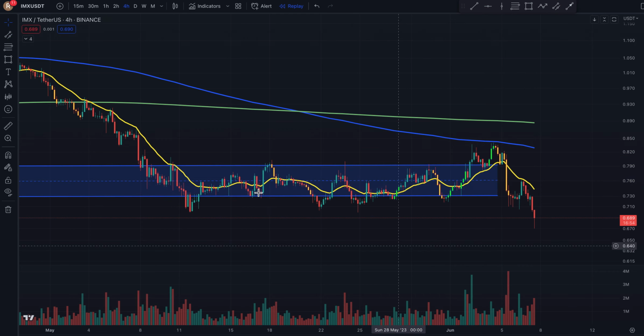So I'll draw something like that, and I'll set buy orders and sell orders here and buy orders here, and I'll just let it bounce back and forth as price ranges, and gather more IMX. When I do that, I'm trying to build a bag of an asset like I did with OMI or IMX. I do it with some small cap stuff too.